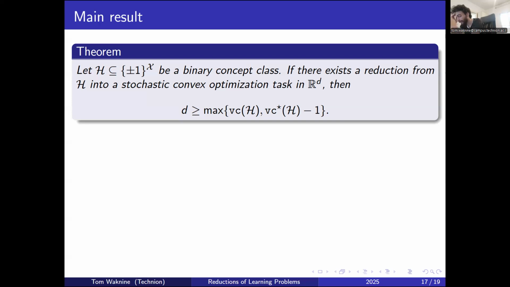So you want to find as low a dimension as possible, but you can't find arbitrarily low dimension. You get this bound of both VC and, maybe surprisingly, VC star. I think it wasn't really expected to appear in this context, but it does.